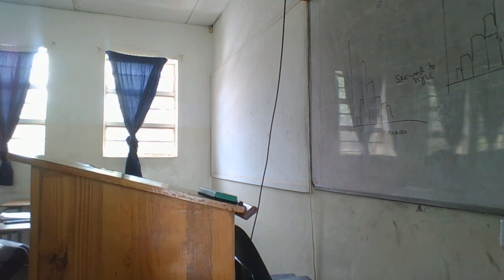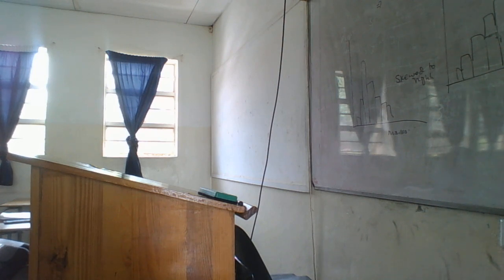Because look at the girls here, a lot of them are at this side. It means that they are performing better than the boys. The boys are just close to this number here, so they are performing worse than the girls. Girls, they are performing well.